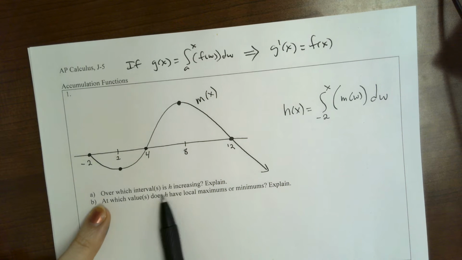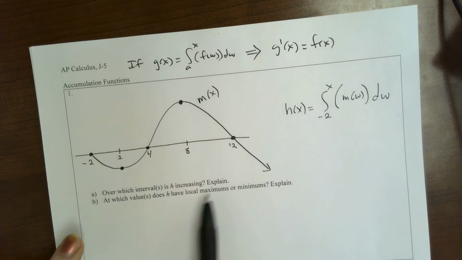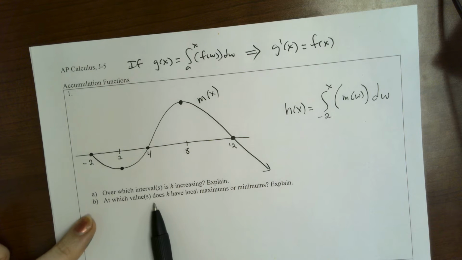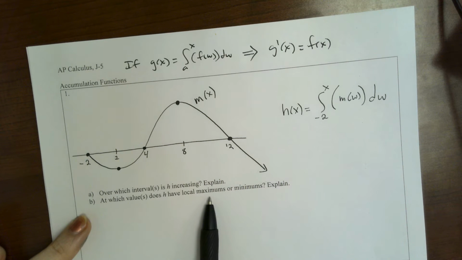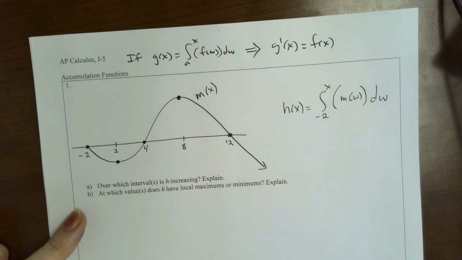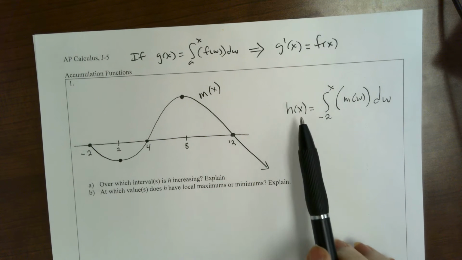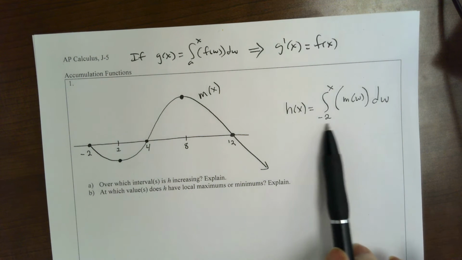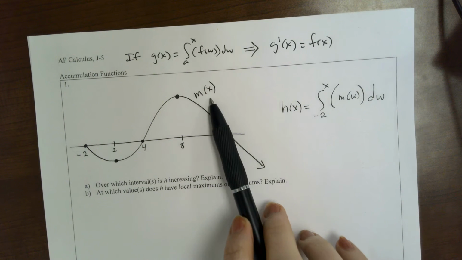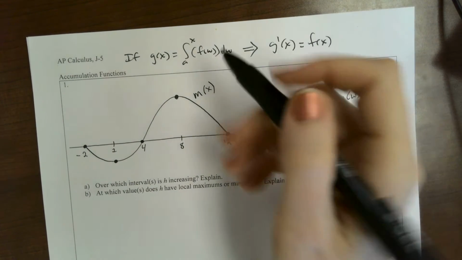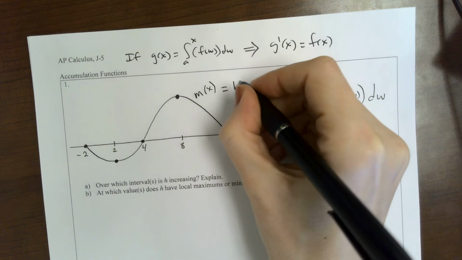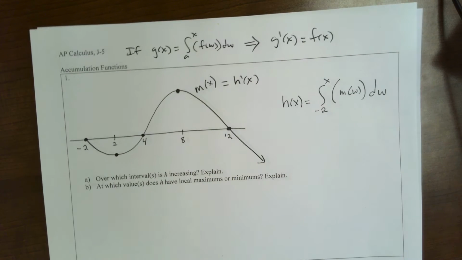For this one, over which intervals is h increasing, explain. At which value or values does h have local maximums or minimums? So the first thing you've got to do is take a look at this accumulation function and recognize that the graph of m here, that's actually h prime.